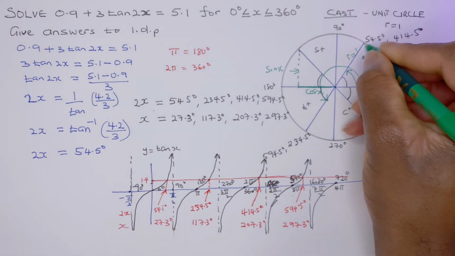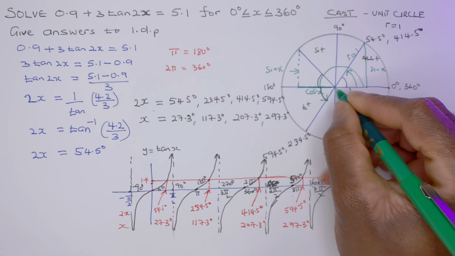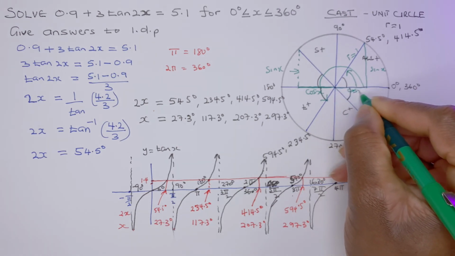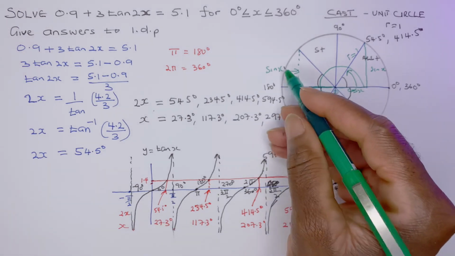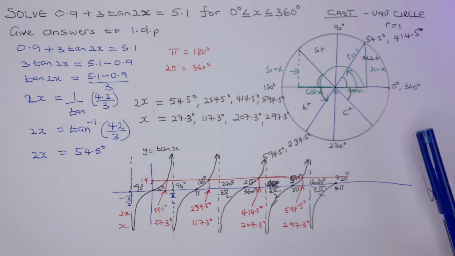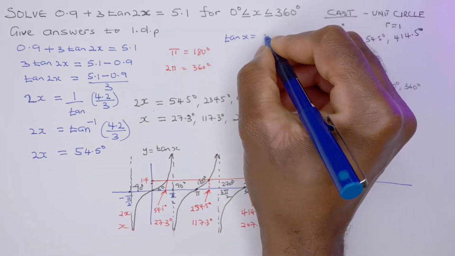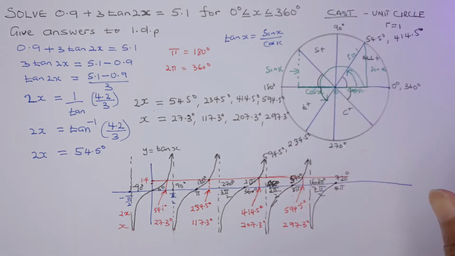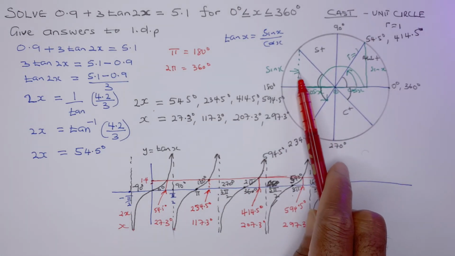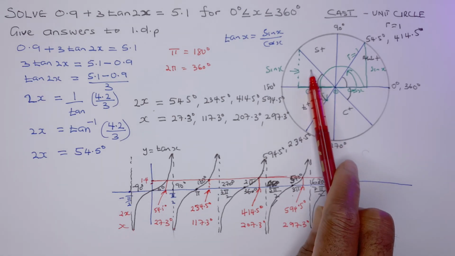So again, that's positive sine x, and that's positive cos x. This is negative cos x because that's 0 here. And tan is always, in this case, tangent x is always sine of x over cos of x.